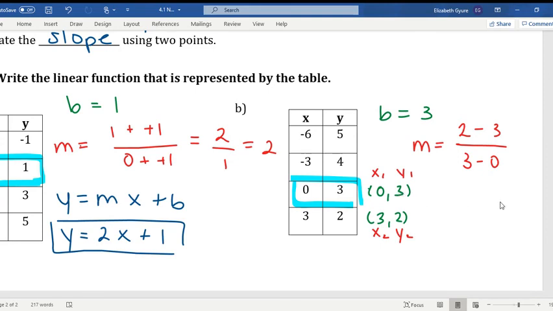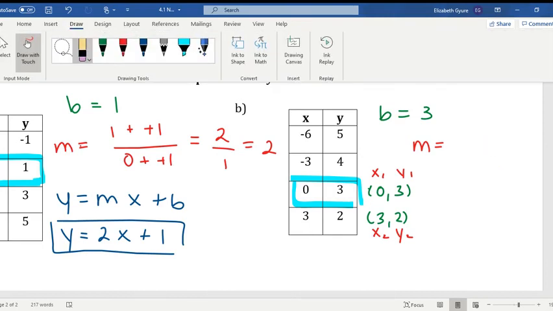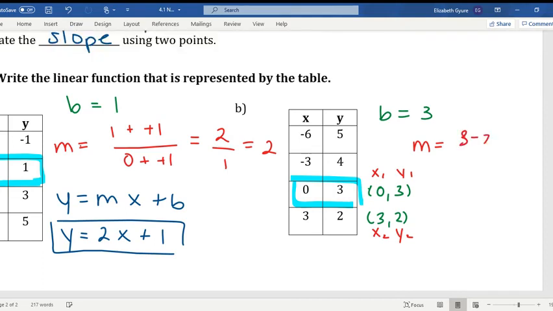But if it confuses you to go in that order, it doesn't matter. You could also do it in the opposite order. So you could also, if you wanted to, do 3 minus 2 on top. Like if you prefer to go from top to bottom, you can. But if you do 3 minus 2 on top, then you have to do 0 minus 3.